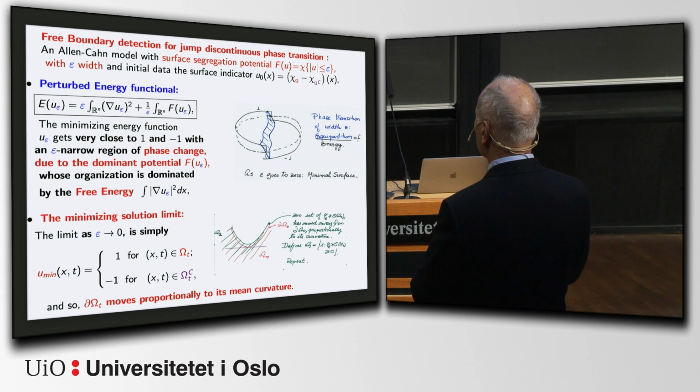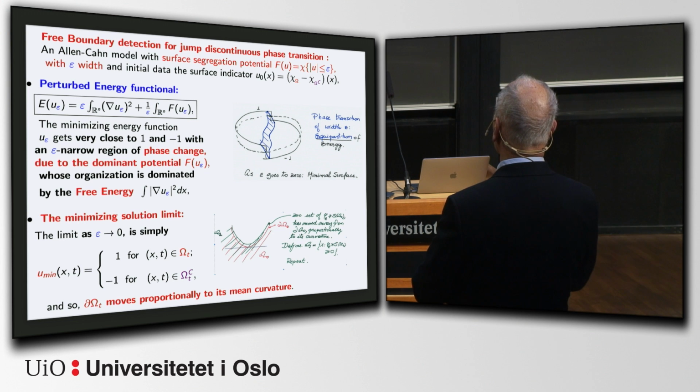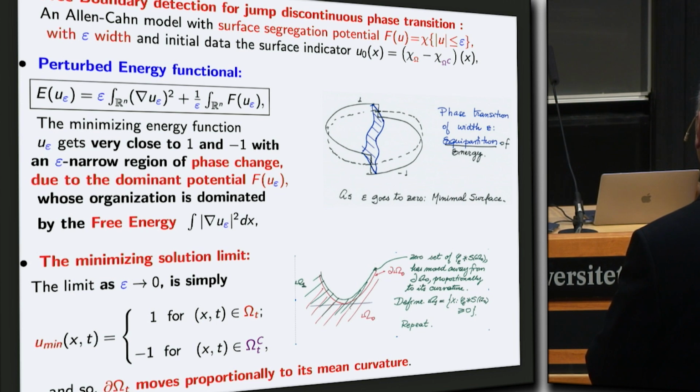And so the boundary moves proportionally to its minimum curvature, okay? So here what we have is this surface that has a curvature like this, and then it sort of bends here. It's not as bad as this. This here becomes vertical.